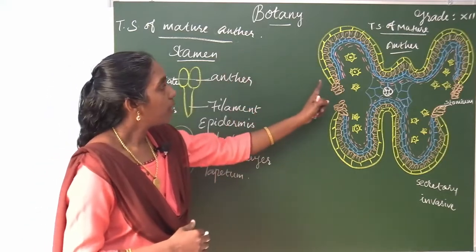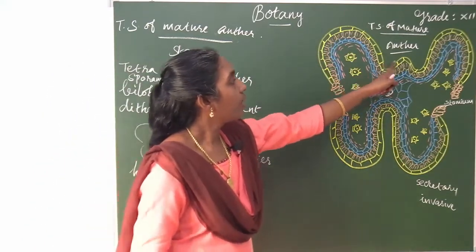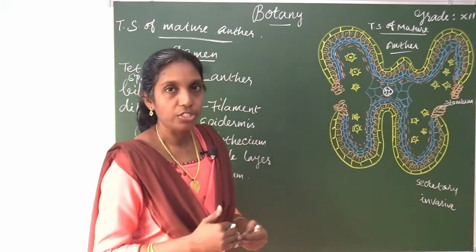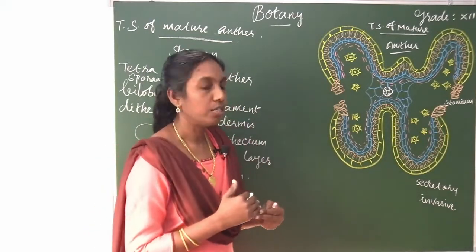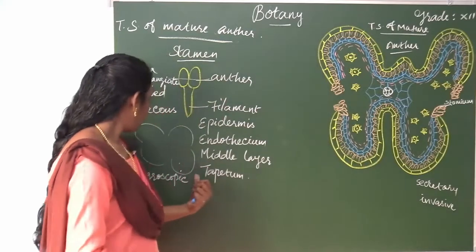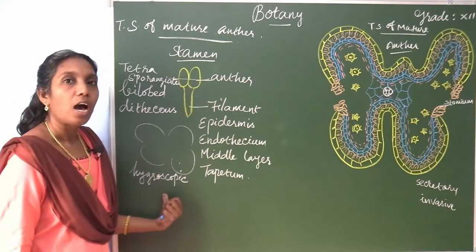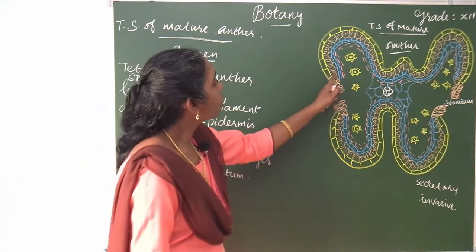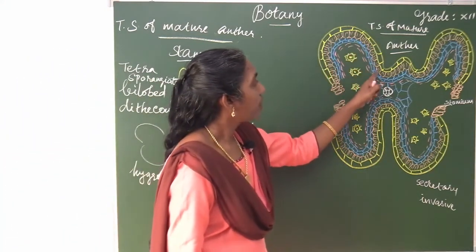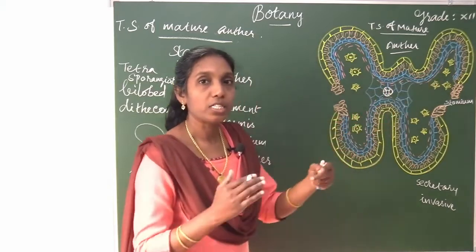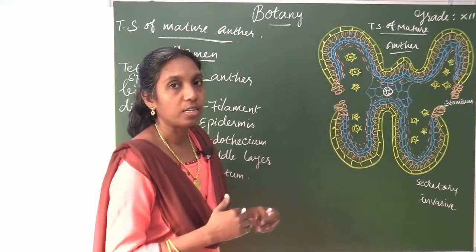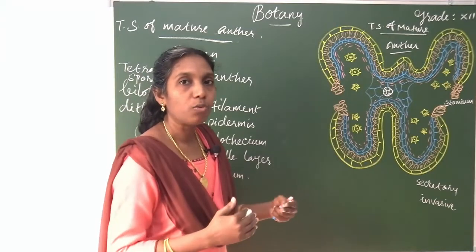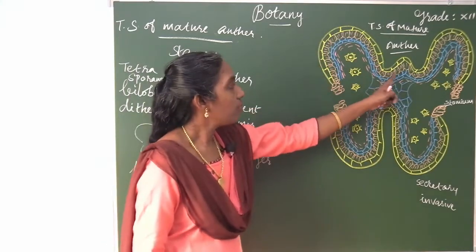So inner to the epidermis there is a single layer of cells called endothecium. The nature of endothecium is hygroscopic, which contains bands of alpha cellulose in the tangential walls, sometimes in the radial walls of the endothecium layer.